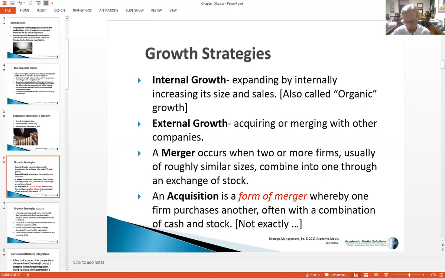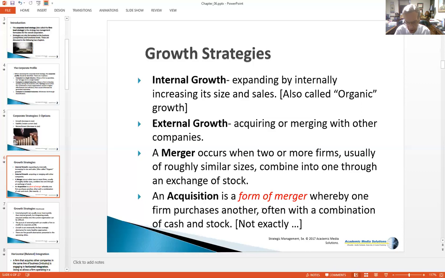It doesn't necessarily have to purchase the other firm in its entirety. For instance, it could purchase a division of a large corporation, and I've done transactions like that. I've done many acquisitions for my clients and some mergers.